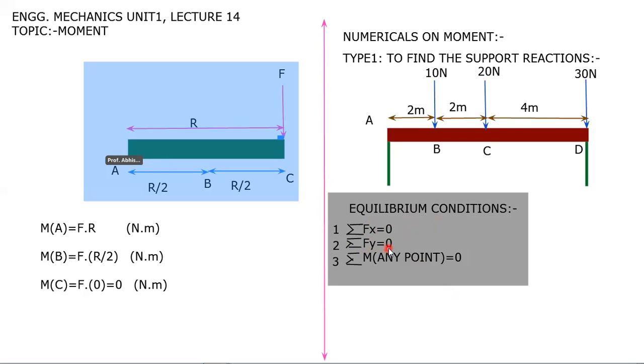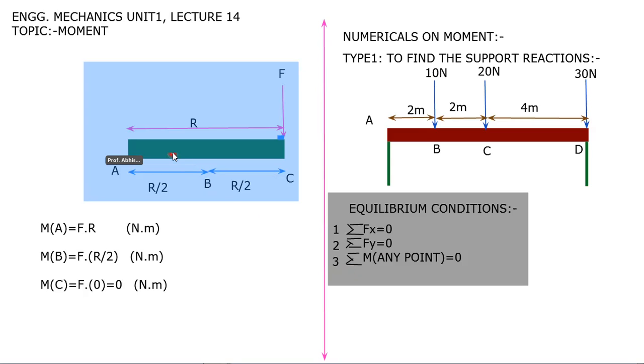Summation of Fy is equal to 0 means the summation of forces acting in the y component, or forces split in the y component, is 0, then the body is in equilibrium. This is the second condition. And the third condition is that the summation of all moments acting on the body is 0.